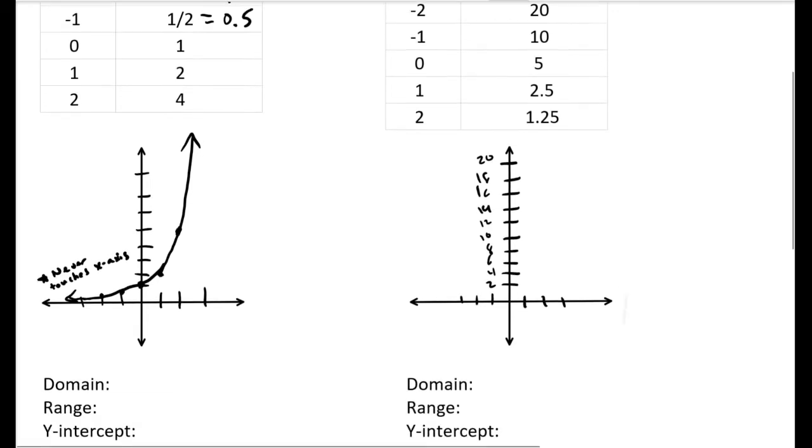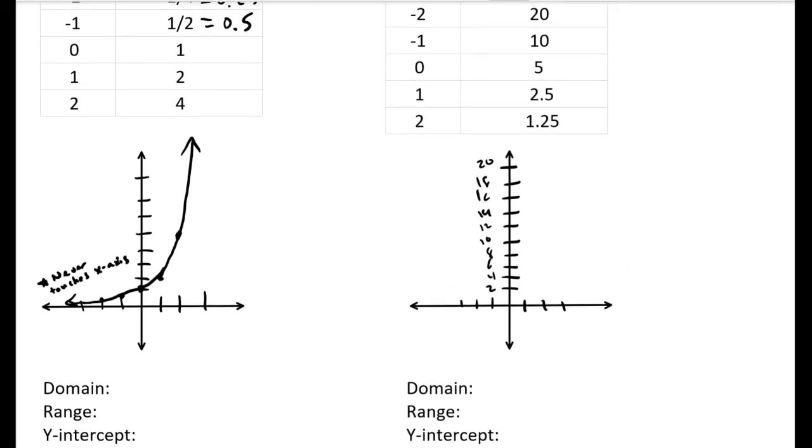All right, so when x is -2, we get 20. When x is -1, you get 10. When x is 0, you get 5. Very small. X is 1, you get 2.5. When x is 2, 1.25.